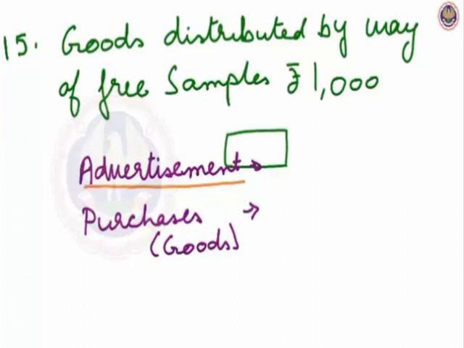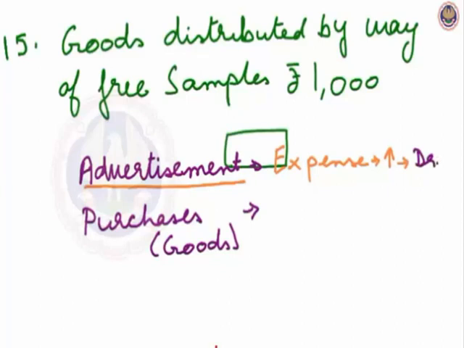So when we are giving free samples, it is included in the expense known as advertisement. Advertisement is an expense, and when we do advertisement, our expenses increased, and increase in expenses always debited.